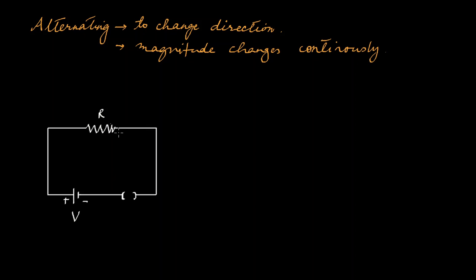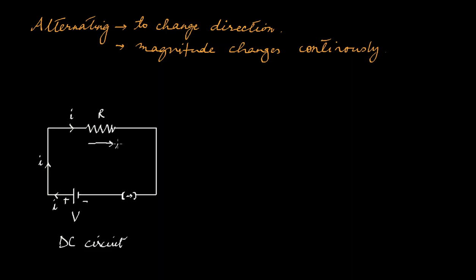Now, as soon as you plug in the key, what kind of circuit is this? This is called a direct current circuit. Why? Because as soon as you plug in the key, the current I will start to flow from the positive terminal like this. And what will be the direction of the current through the resistance?